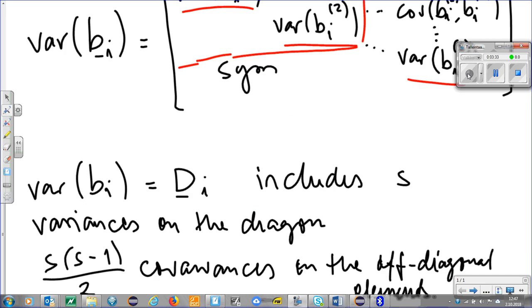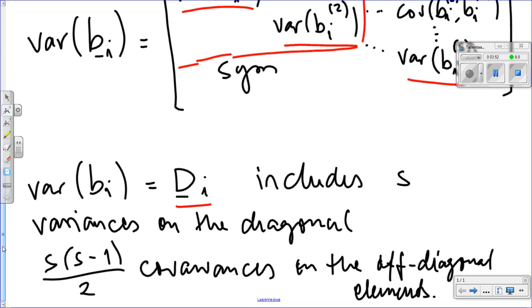So this variance of bi, which we can denote by matrix Di, includes a total of s variances on the diagonal and a total of s multiplied by s minus 1 per 2 covariances on the off diagonal.